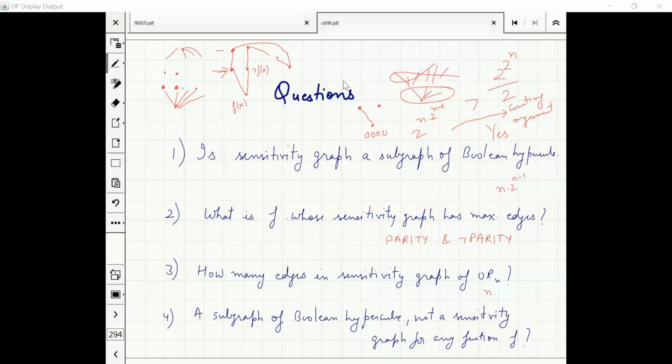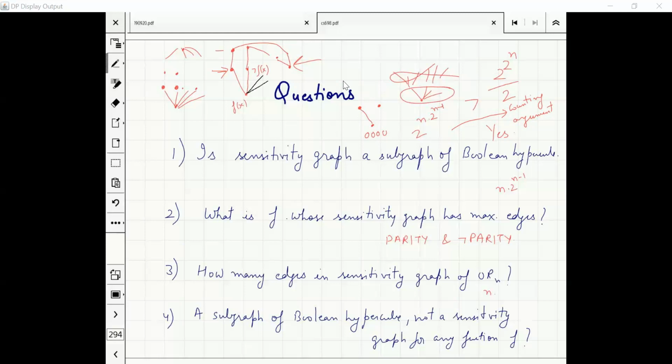Yeah, so what I'm saying is the graph which was mentioned just now, which is on the left of the screen, that could be a sensitivity graph of some function, right? Why can't it be a sensitivity graph of any function? Yes, like any symmetric function would do, which alternates upon these Hamming weights. No. But for a symmetric function, there will be more edges, right?